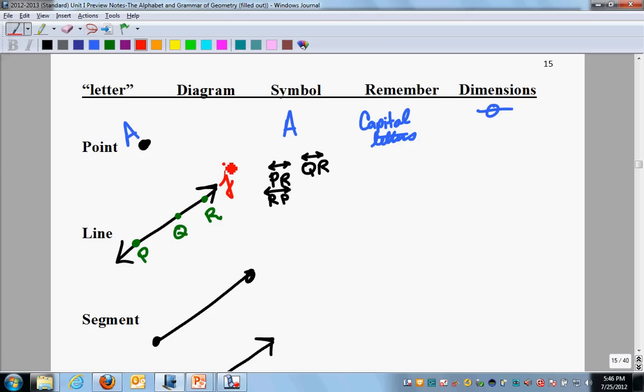We could call this whole line, line J. And remember, for a line, you must have arrows. A line has length, but only length, so it is 1 dimension.